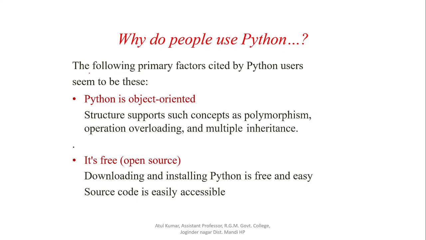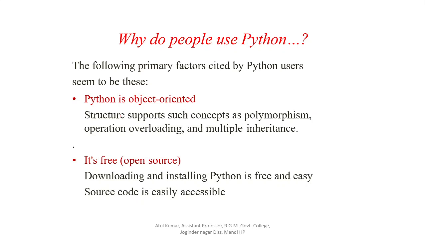So why do people use Python? The main reasons are the many different features and popular characteristics of Python. So these are the important characteristics or features of Python. The first feature is that it is object oriented. So it supports different concepts of object oriented programming languages like polymorphism, operator overloading, and multiple inheritance.